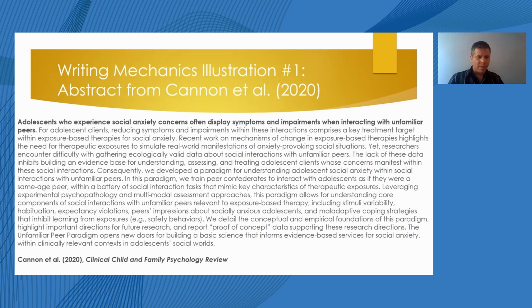Ready to go? Okay, so let's start sentence by sentence. In this abstract, we start out with that broad, overall goal. We're thinking about adolescence, we're thinking about social anxiety, and where adolescents tend to display symptoms and impairments linked to social anxiety, these interactions with same-age peers. That's the broad context.